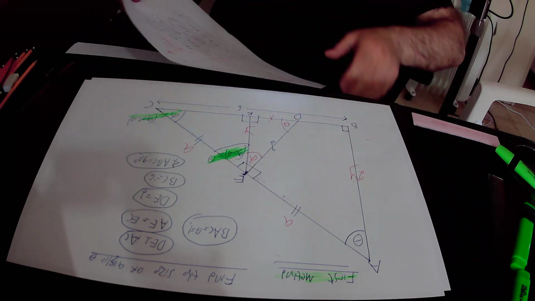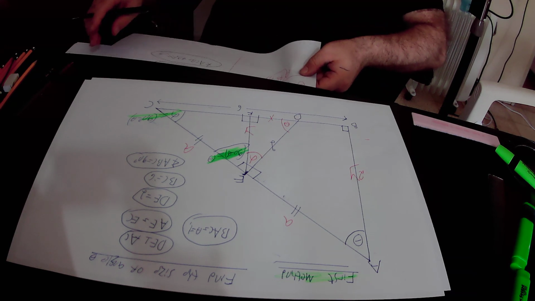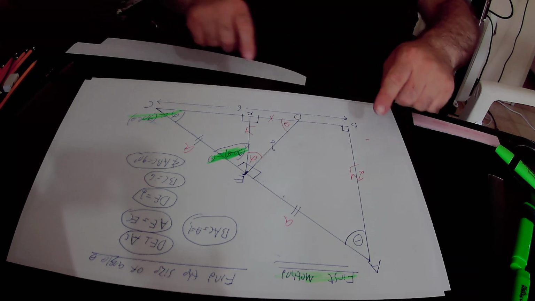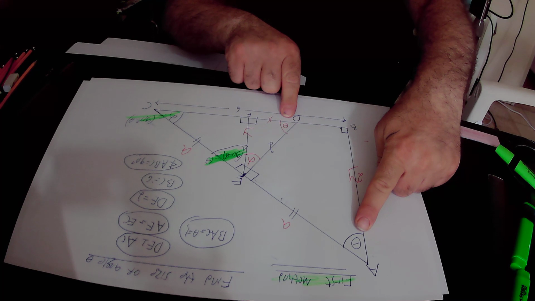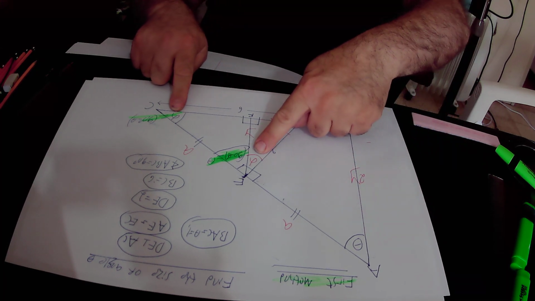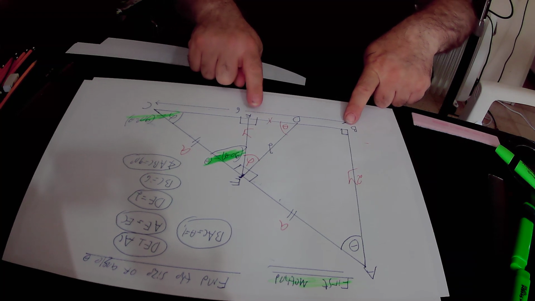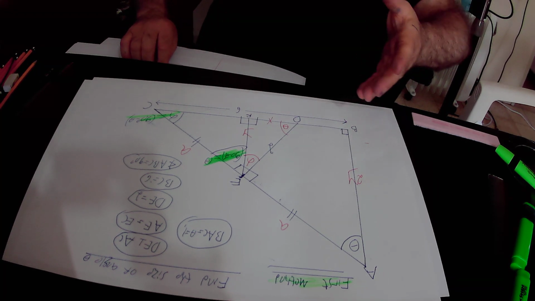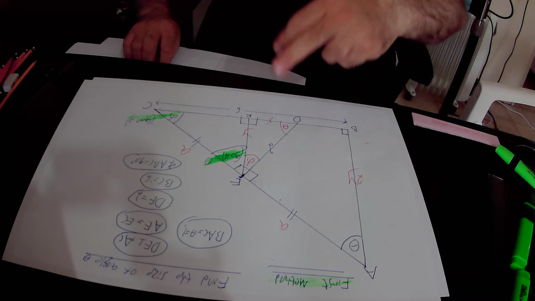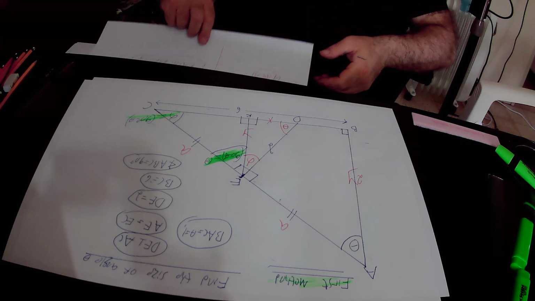So we proved that all the angles in triangle ABC are equal to all the angles in triangle DEF: theta and theta, alpha and alpha, and 90 degrees and 90 degrees. Therefore, triangle ABC is similar to triangle EDF according to the angle similarity rule.